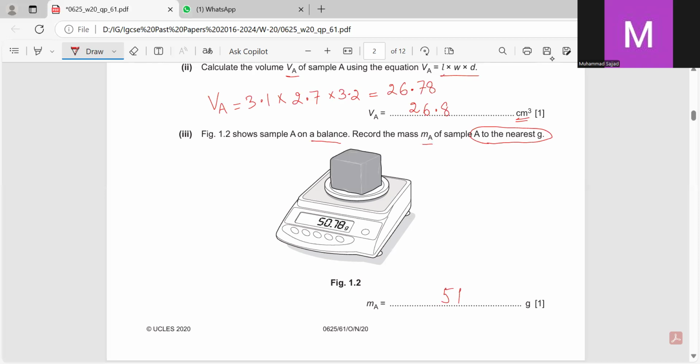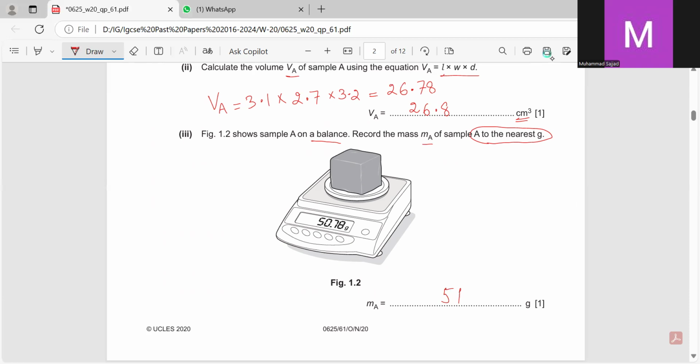But if the examiner has asked you to write the answer to the nearest 0.1 gram, then it will be 50.8 grams. And I'm sure these things are clear to you till now.